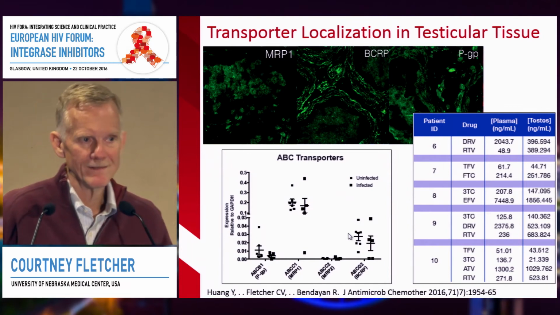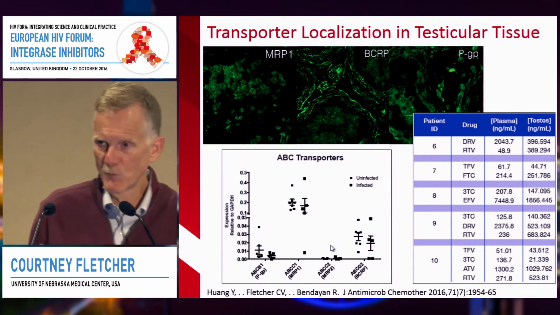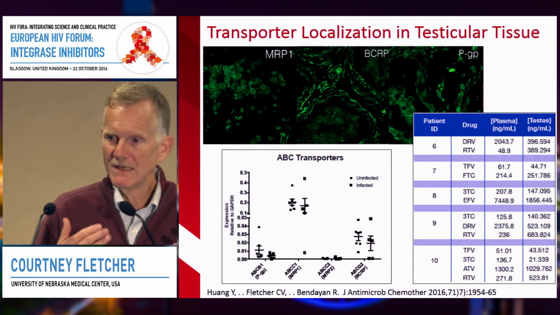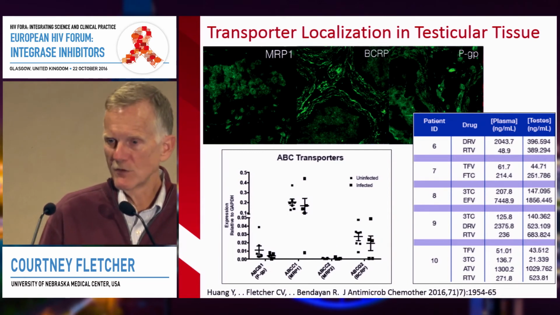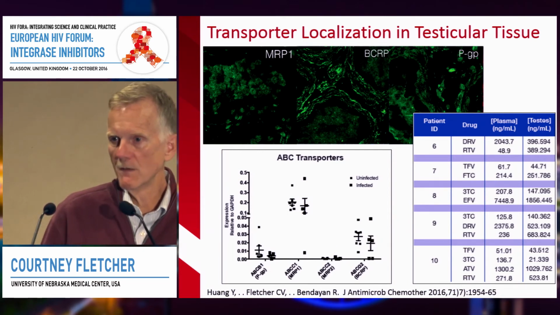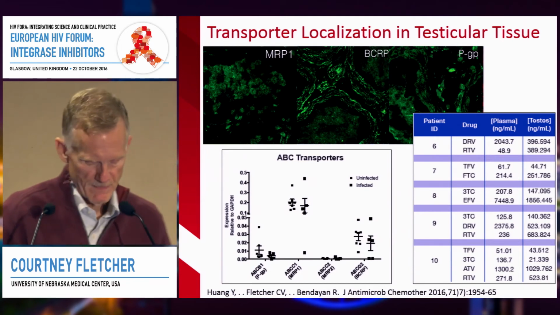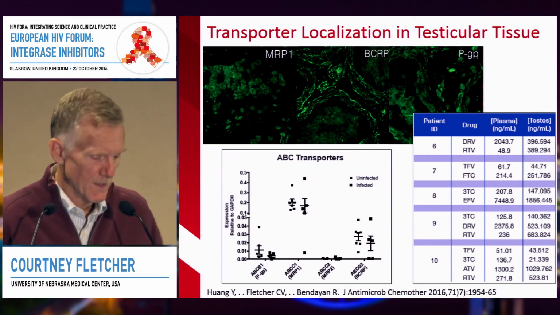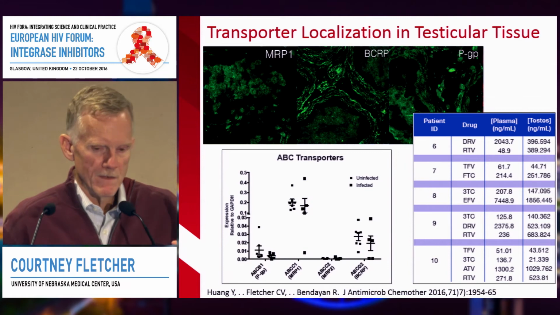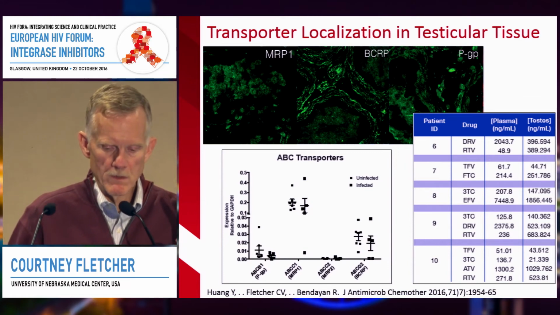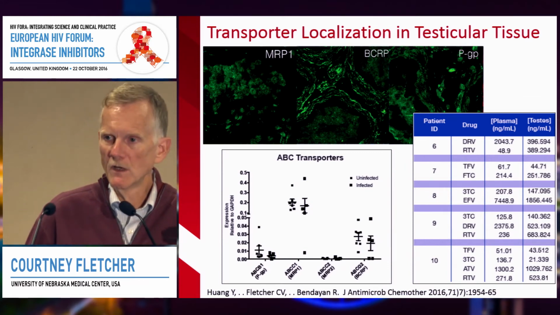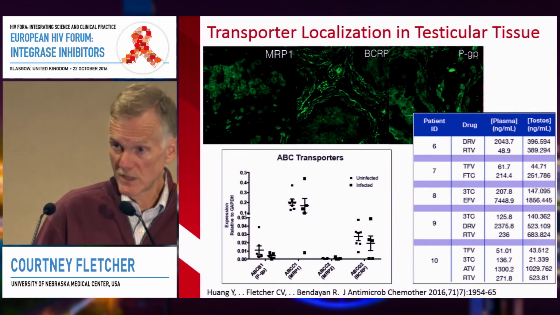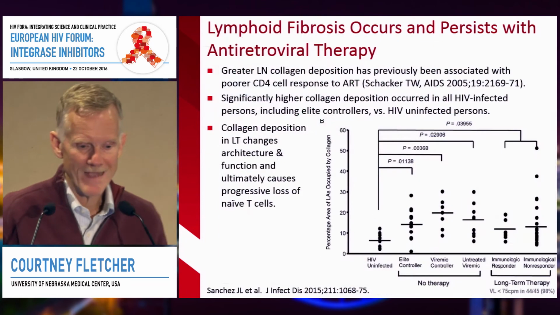And darunavir is a substrate for these membrane transporters, I think, indicating a role of these transporters in preventing drug from accessing this tissue. So whether drugs are substrates for these transporters and the extent to which they're expressed in different tissues may well be a factor that affects penetration into sites.